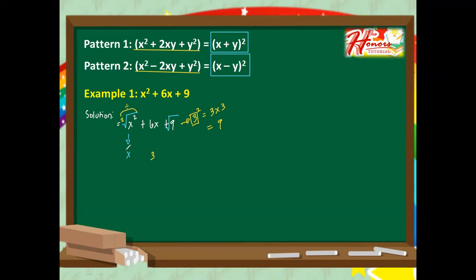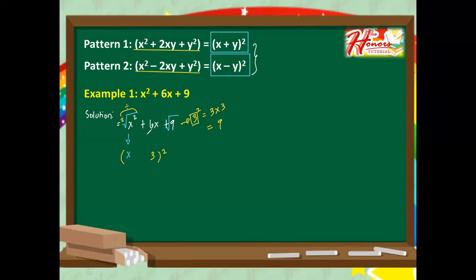So now let's write parentheses here and exponent 2. The problem is, what operation are we going to write here? Is it addition or subtraction? So before we write any of that, you have to identify what given this is. Is this for pattern 1 or pattern 2?